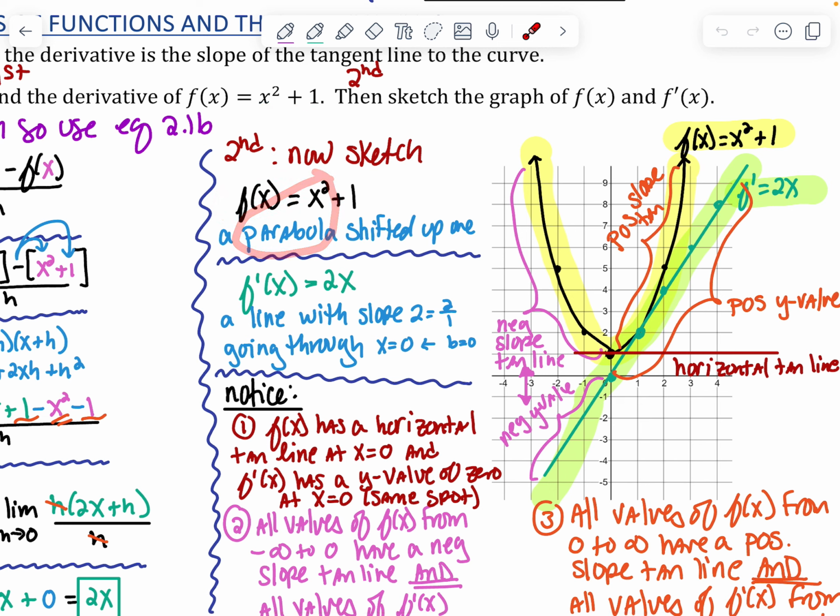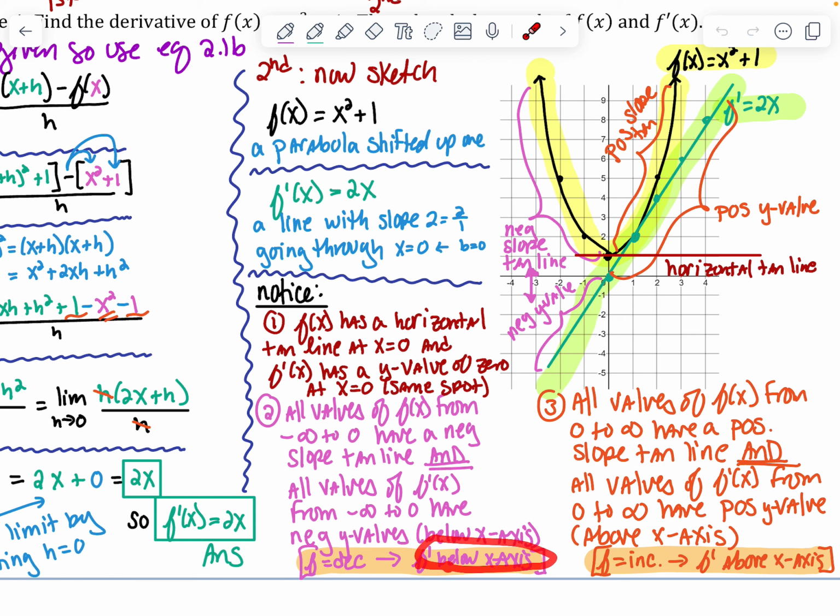Negative tangent lines are derivatives that are negative, which means derivatives below the x-axis. So as this graph was headed downward, my derivative, all of this, is below the x-axis.